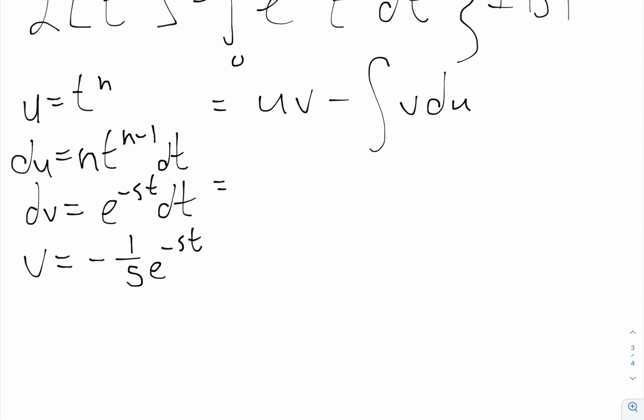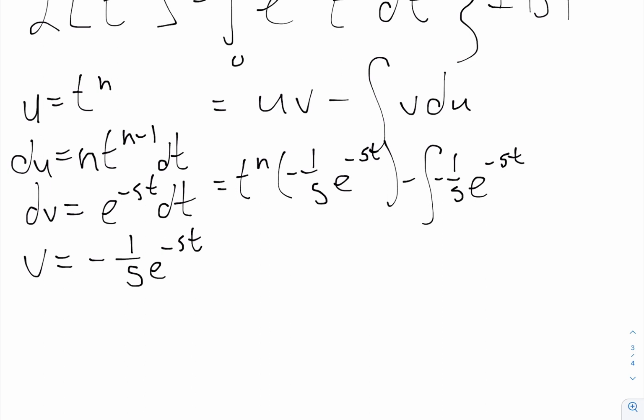Our u is t to the n, our v was negative 1 over s e to the negative st, and then minus the integral of v, which was negative 1 over s e to the negative st, and then du was n t to the n minus 1 dt.